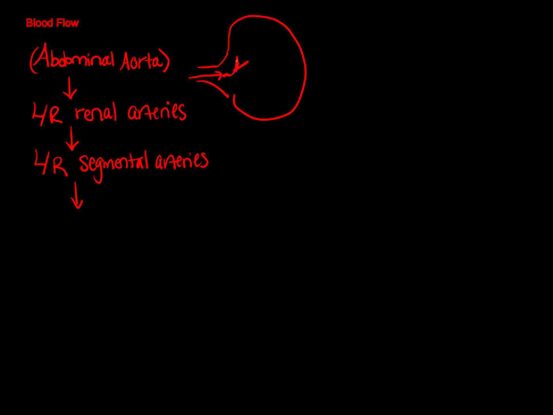And remember, just like we looked at branch points for learning our blood vessels, you want to look at the branch point, because the segment between the renal artery and your next branch point is going to be your segmental artery. So it's a fairly short portion relative to your other vessels.